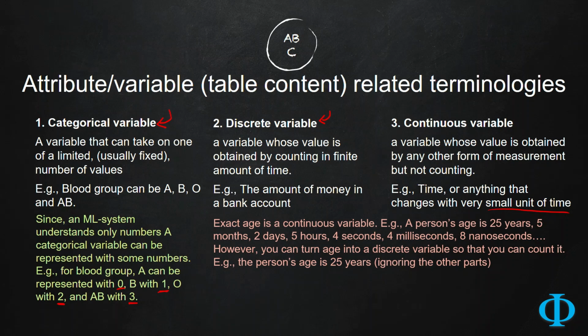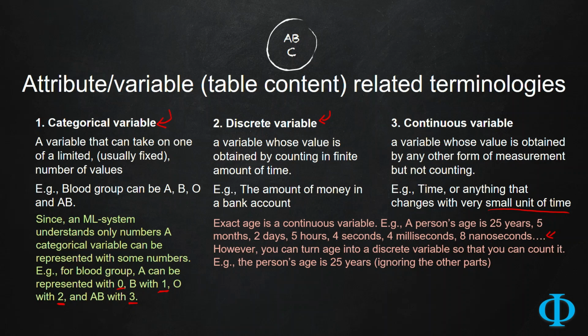For example, a person's age can be represented at a very small granular level, right? It can be stated like the person's age is 25 years, 5 months, 2 days, 5 hours, 4 seconds, 4 milliseconds, 8 nanoseconds, this way.